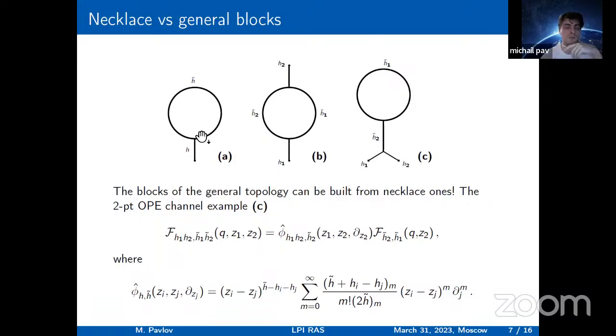There is a picture here. On the first picture we have a 1-point block, and for a 1-point block there are no channels actually; it is just a diagram of this sort. But if we have two fields, we can insert a projector between them, or we can do OPE. Pictures B and C correspond to this case.